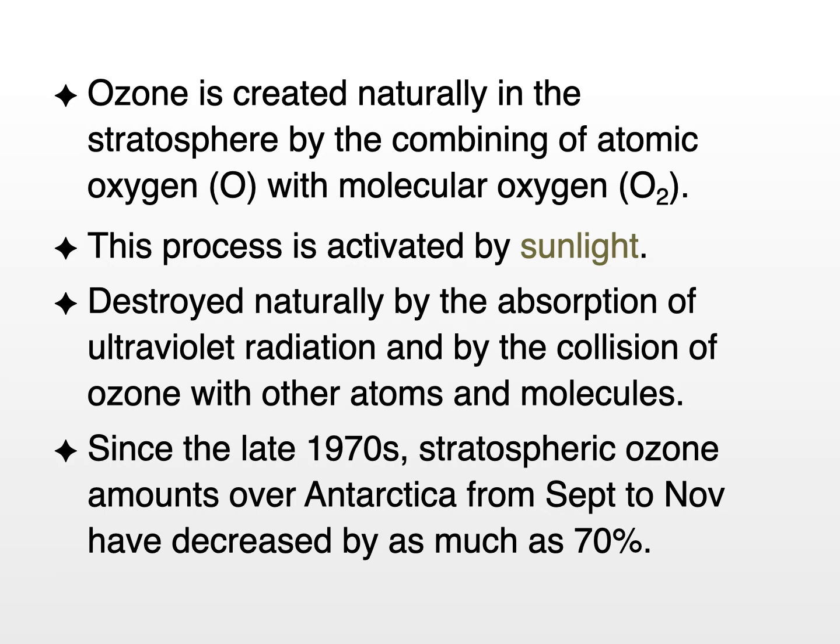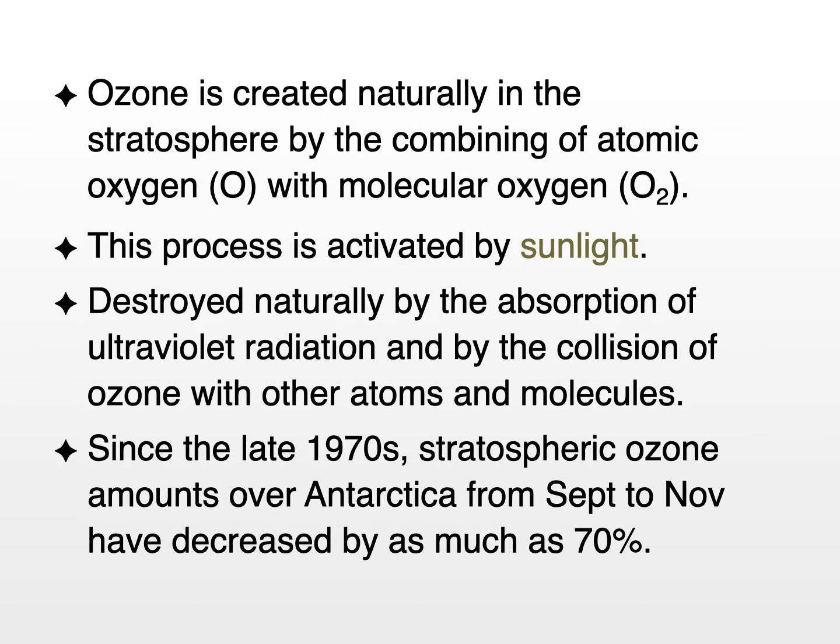Now, ozone is created naturally in the stratosphere by combining atomic oxygen, so a single atom of oxygen, with molecular oxygen. Most of this occurs in the subtropics and tropics, and this process is run by sunlight. You need sunlight for this to occur. As I said, most of it's created at the tropics and subtropics, and then redistributed by atmospheric currents high up in the atmosphere to the middle and higher latitudes.